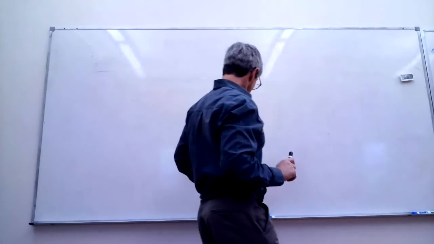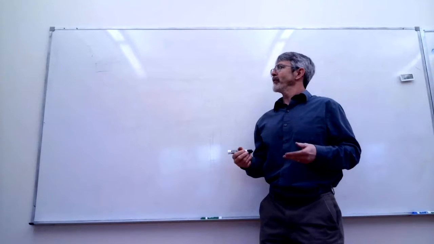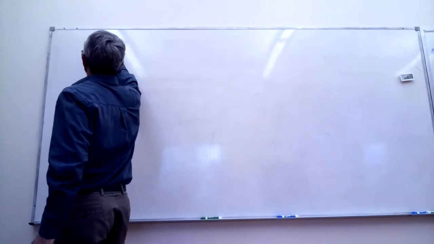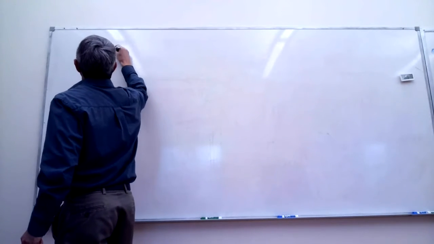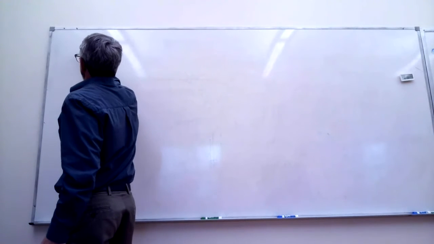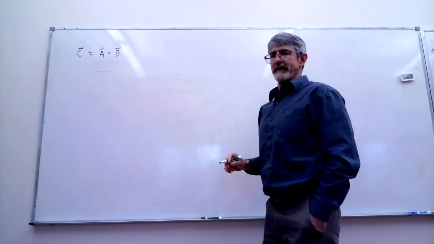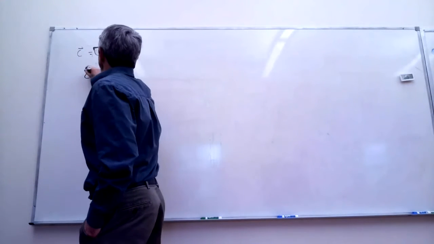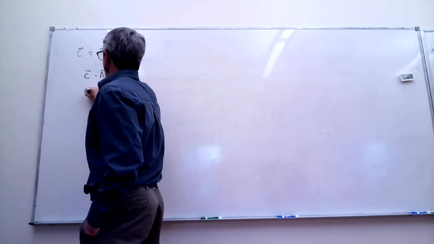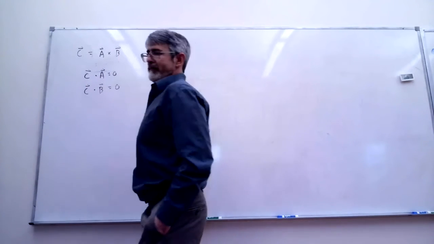Okay, so where we had started class today was looking quickly at where we had ended yesterday. If I had two vectors, A cross B, we had shown yesterday that if C was this cross product, then C dot A was 0 and C dot B was 0.